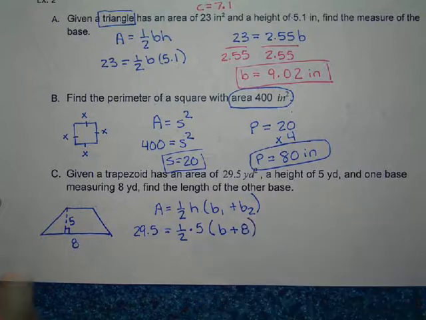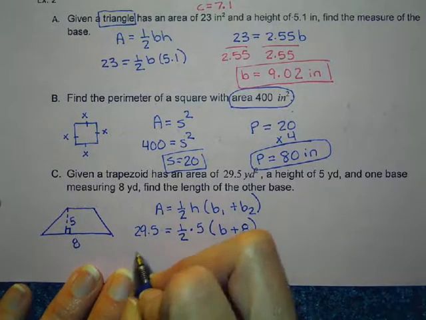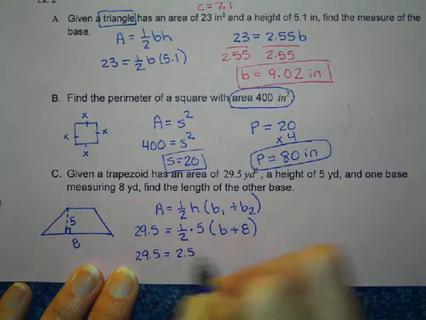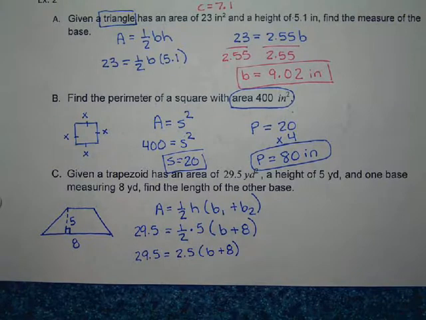So what I did is I decided to take half of 5. And to be honest, I really didn't want to distribute 2.5, so you can distribute it, which is totally fine. Not a bad number to distribute. But I just divided it to the other side to get rid of it.